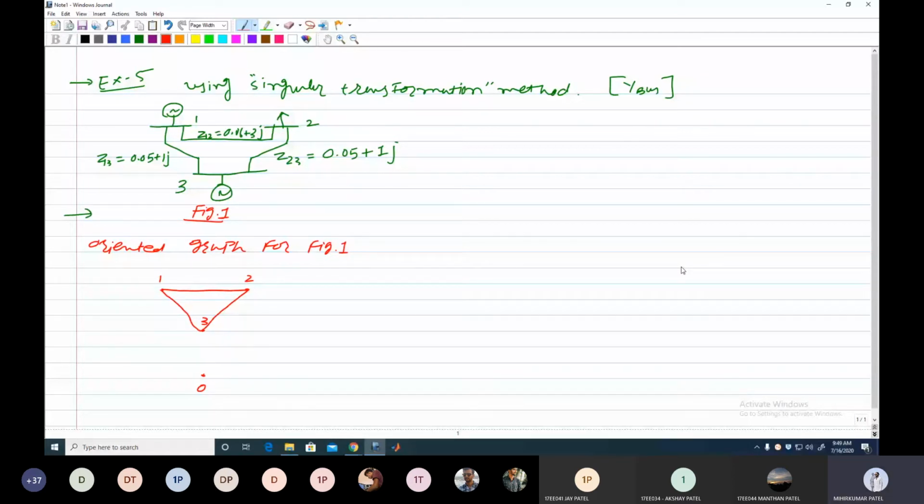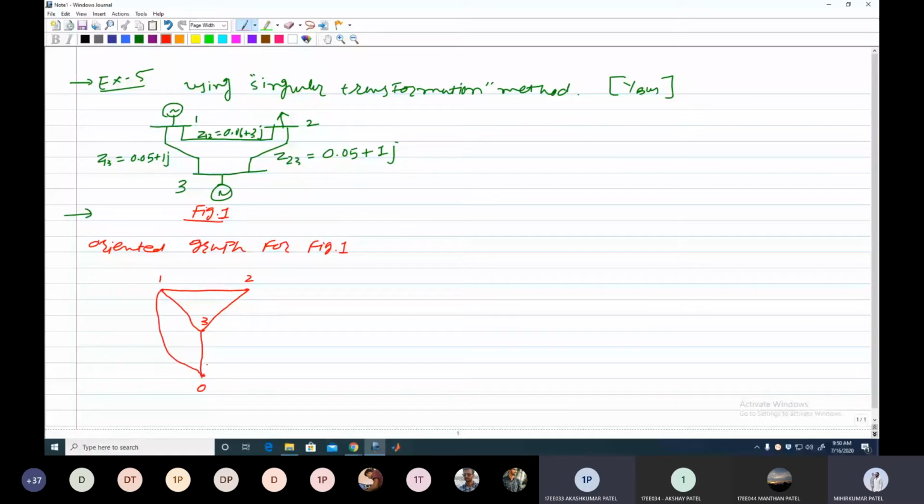This is your reference node. There is a connection between bus number 1 and 2, 1 and 3, and 2 and 3. And 1 and 0, and 3 and 0. Yes, very good.